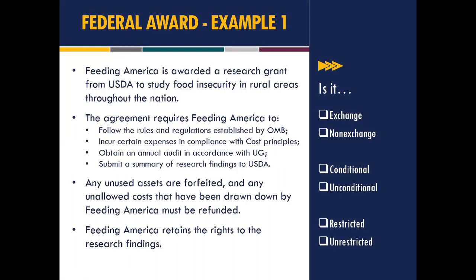This first example that we have here is a federal award. Feeding America is awarded a research grant from USDA to study food insecurity in rural areas throughout the nation.